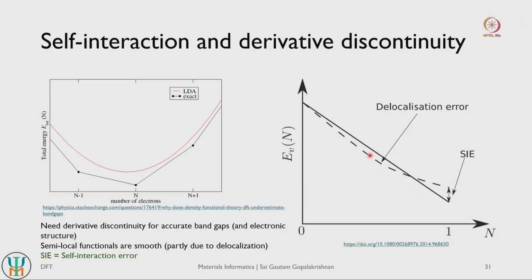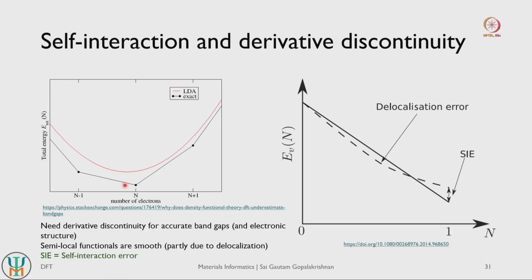So the delocalization can cause larger slopes in some regions, and the resultant self interaction error can cause lower slope in other regions. So if you use a local or semi-local functional, you do not get back the derivative discontinuity, which leads to predominantly inaccurate band gaps and inaccurate electronic structure, right.